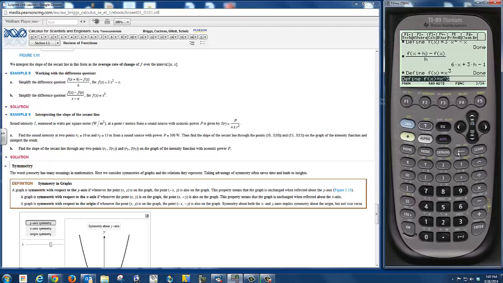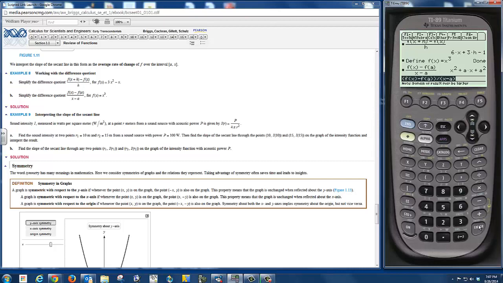Now we would like to calculate f evaluated at x minus f evaluated at a. Let's see, a is above the equal sign. Now that's the entire numerator, so we'll close the parentheses. Divided by the denominator, which is x minus a. So x minus a. Close the parentheses.